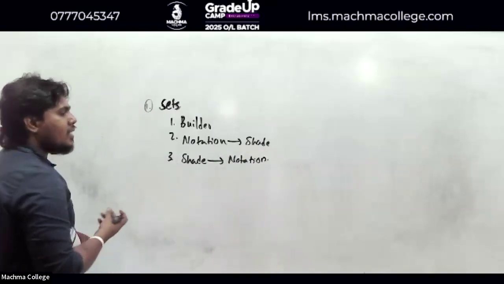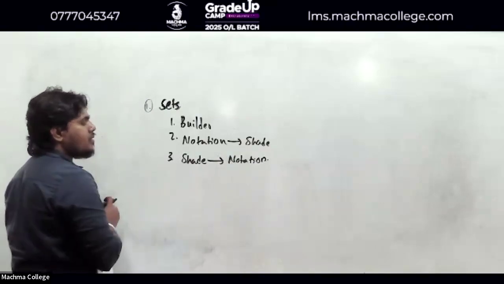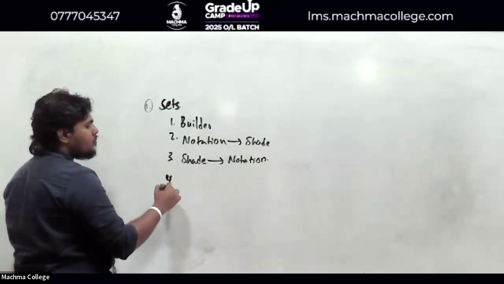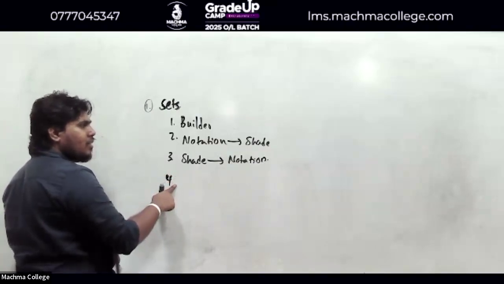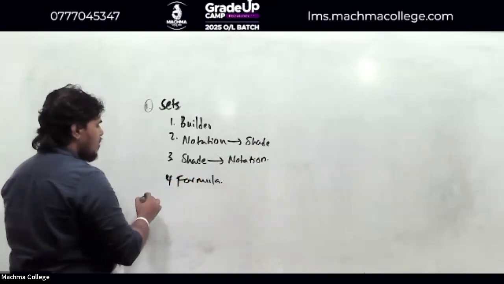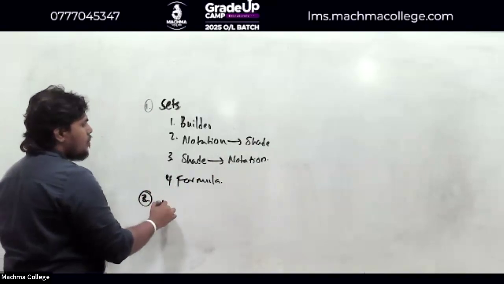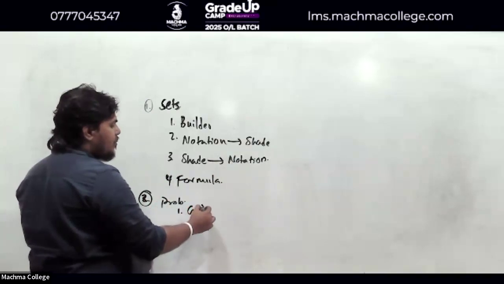Moving forward, we are discussing more papers. You'll automatically understand how to do those parts. The fourth one we discussed, the formula part, how to apply the formula. Second one, probability. In probability we discussed the grid diagram.